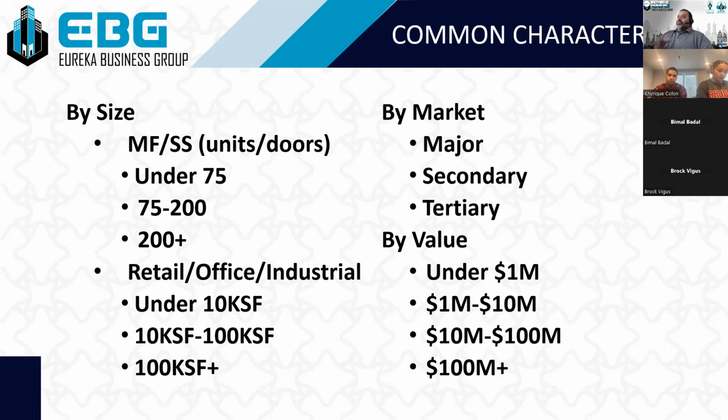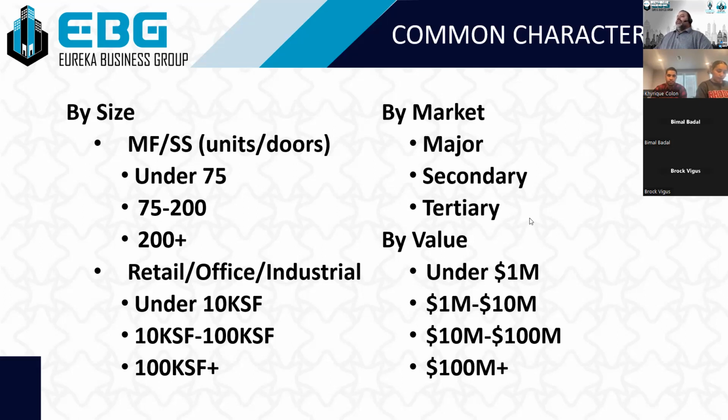And more importantly, this can help you narrow down the group of owners you want to work with. Because the people that own multifamily under 75 units are not the same kind of people that own 200 plus units. It's two different types of people. You deal with them differently, you market to them differently, you'll find them in different locations, and so on.